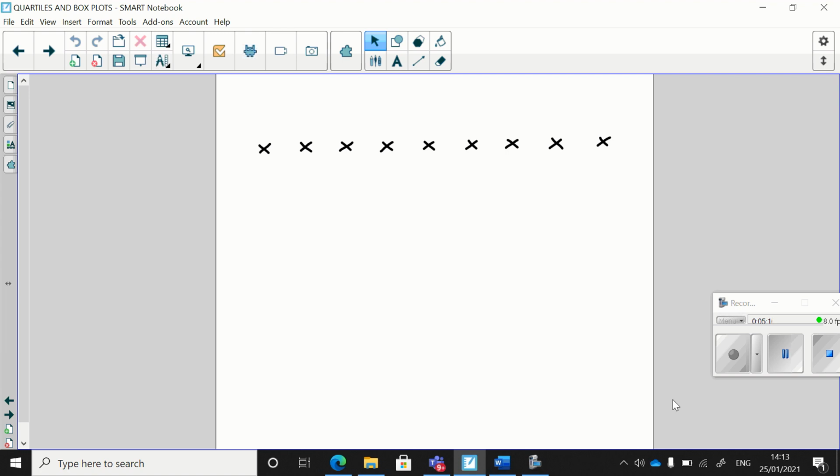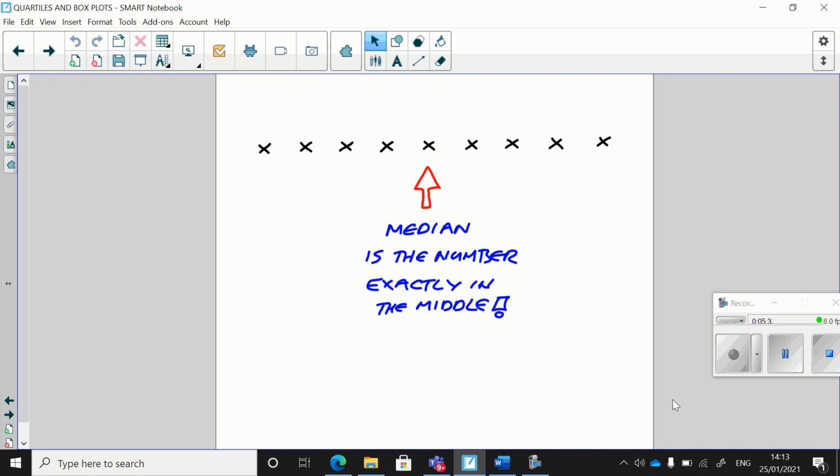Sometimes the numbers get in the way. Right, okay, so here we have, I'm going to count them, an odd data set. So odd data set means 9 numbers. We're going to land bang on a number. So we're going to be exactly in the middle here. So that would be the median of this group here, whatever number it is.